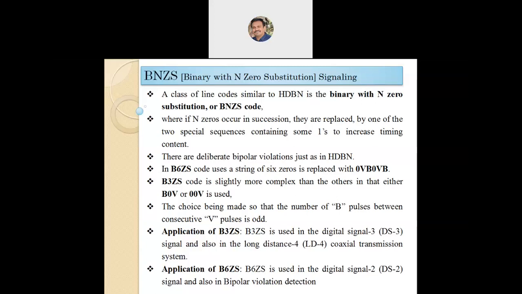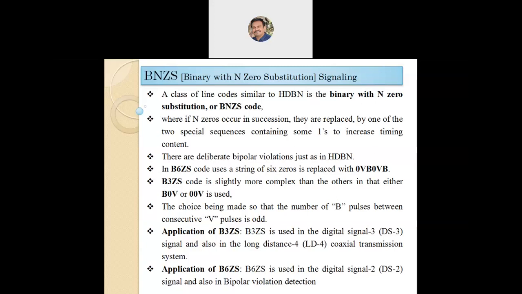Similarly, in BNZS, if N zeros occur in succession, they are replaced by one of two special sequences containing some ones to increase timing content. There are deliberate bipolar violations just as in HDBN.